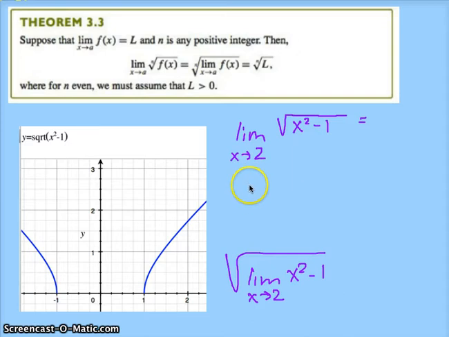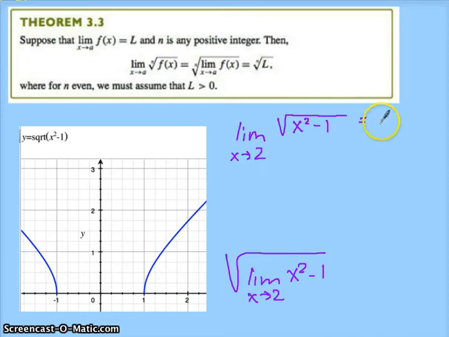Right, I'm not going to spend a lot of time on this one. This is a really neat theorem and very simple to see. Because the graph is continuous at x equals 2, I can simply put 2 in here.